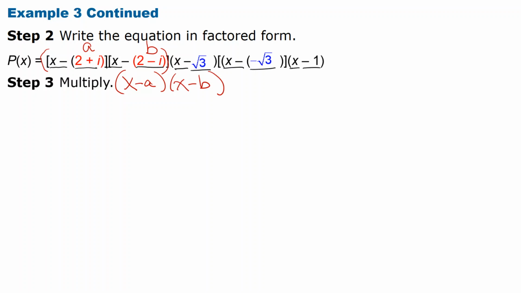Okay, so when we do that, we get x squared, I'll write it over here, minus Bx minus Ax plus AB. So I just FOILed that, and that's how I got all of that.